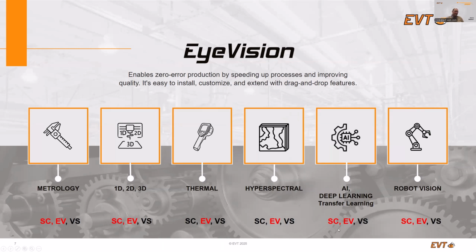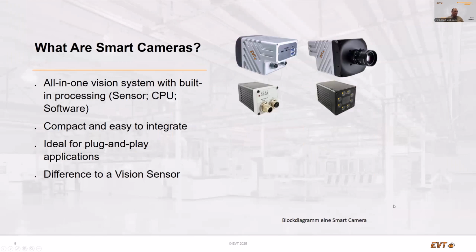And in many cases, you can do AI deep learning on the smart camera and embedded platform, depending on what smart camera you are using. And the same is true for a robot vision solution. If you have simple robot vision solutions, then a smart camera or an embedded vision platform fits very well.